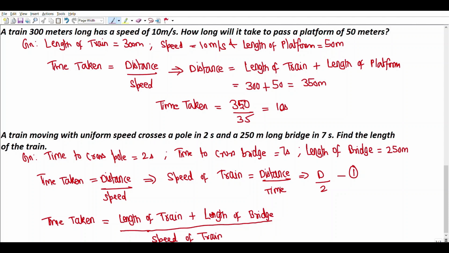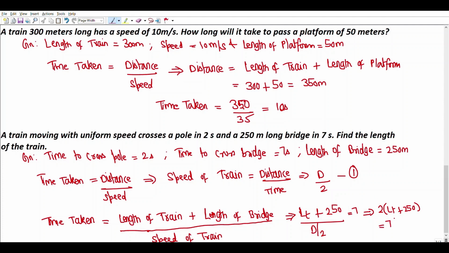By substituting equation 1 here we get length of the train, which we don't know, we will keep it as LT. Bridge length is 250 divided by d by 2, and the time taken is given as 7 seconds. This in turn can be written as twice of LT plus 250 is equal to 7d.